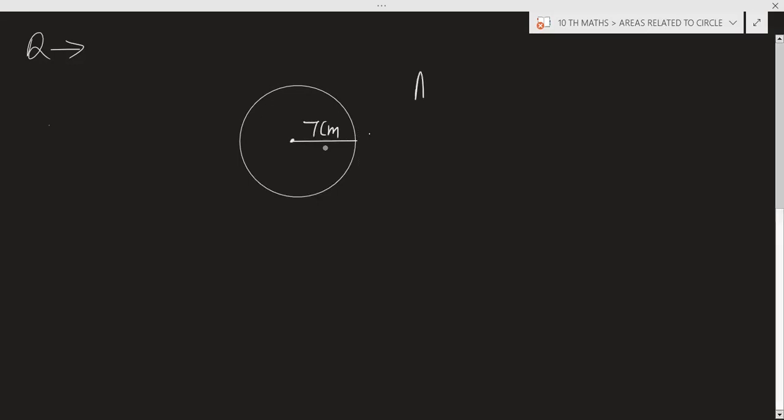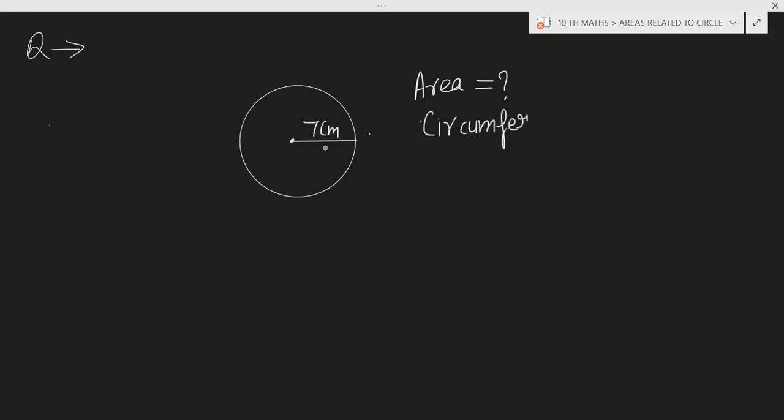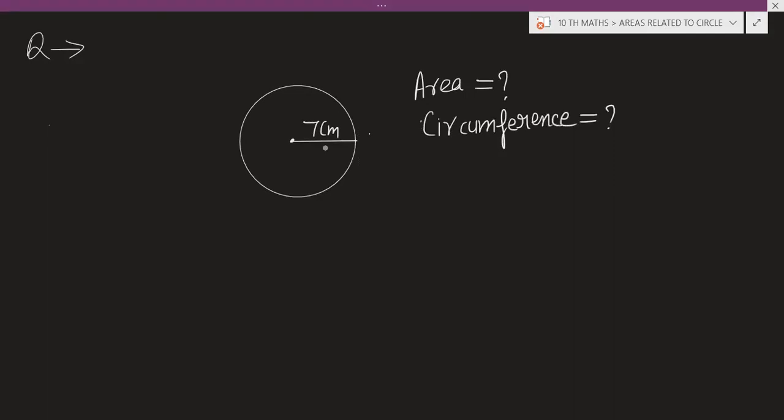We have to find the area of the circle and we have to find the circumference of the circle. Very simple.